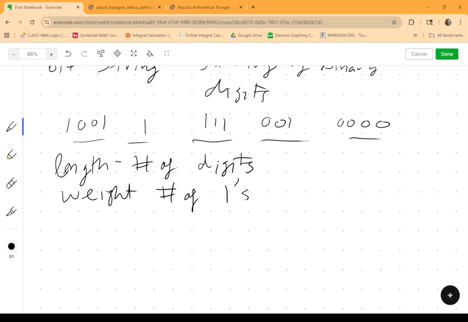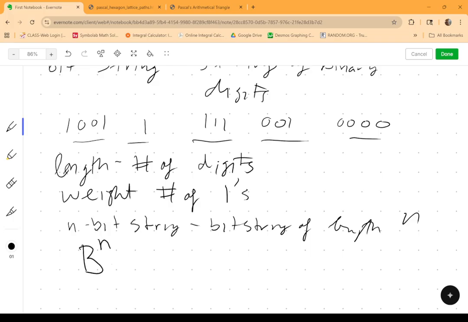An n-bit string is a bit string of length n. We'll use this notation here, where this is the bit string and then k is the weight.